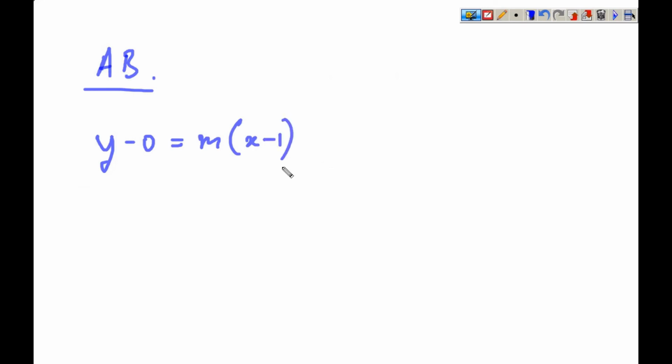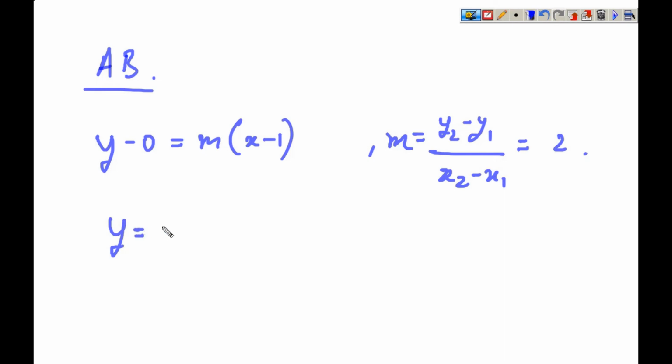And m, the slope, is y2 minus y1 divided by x2 minus x1. This comes out to be 2. So therefore we get the equation as y equals 2 times x minus 1. This is the equation of line AB.